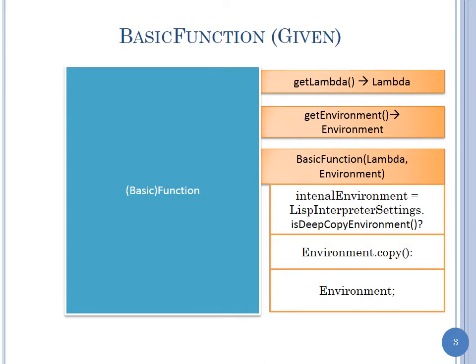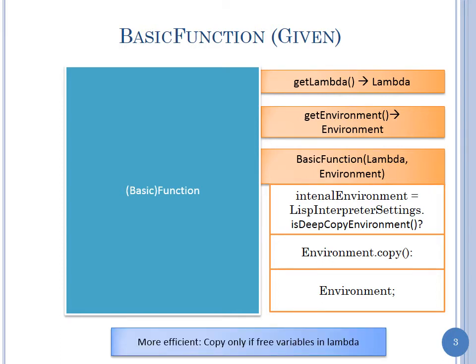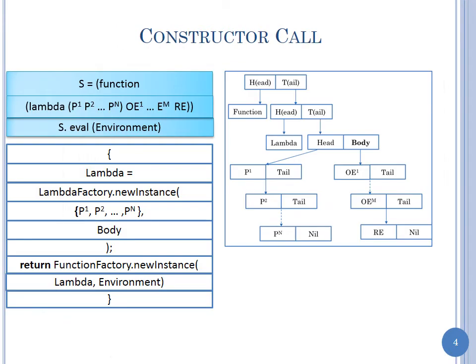And I said, yeah, go ahead and return this, because our settings did not say deep copy. Okay. So we now have to deal with that function. We could be a little efficient and copy only if there are free variables in lambda, but that's not what Andrew's code does.